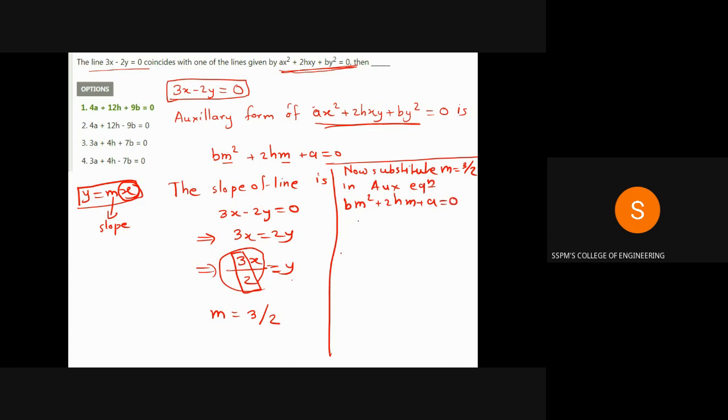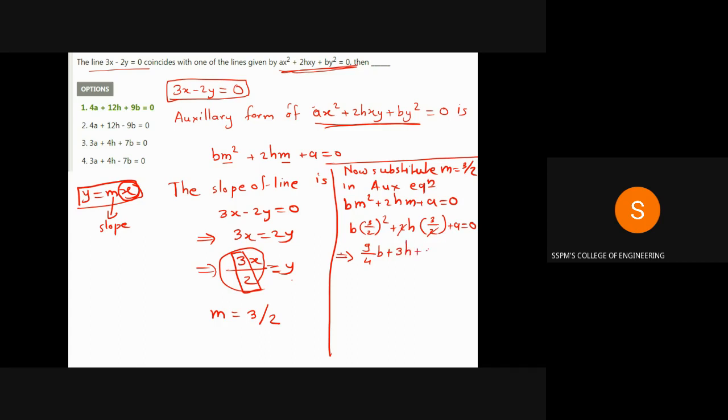Therefore if we put the slope in the auxiliary equation, we will get b times 3 by 2 square plus 2h times 3 by 2 plus a is equal to 0. Therefore we will get 9 by 4b plus this 2 and 2 will get cancelled.